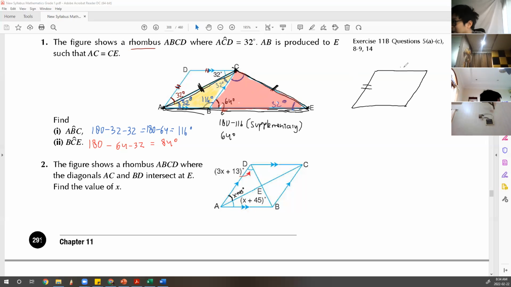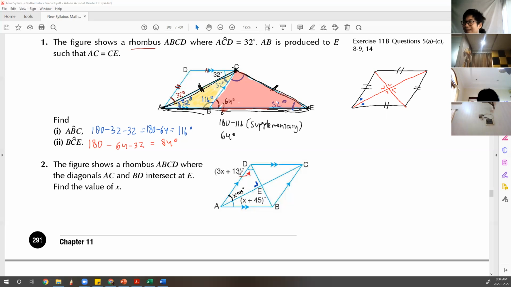And also the diagonals are bisecting at 90 degree. This angle is also equal. So if this is x plus 45, this also x plus 45, and this is 90 degree.